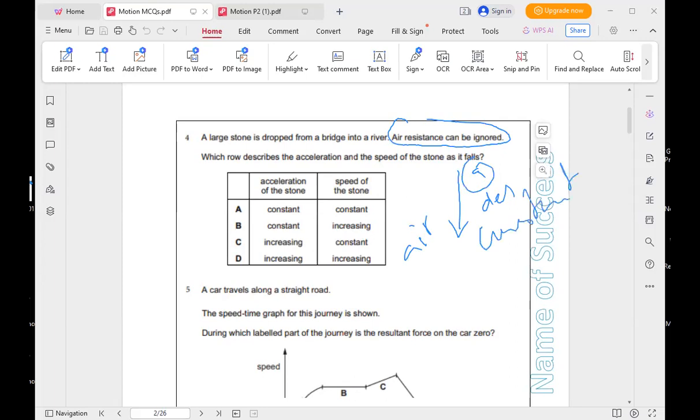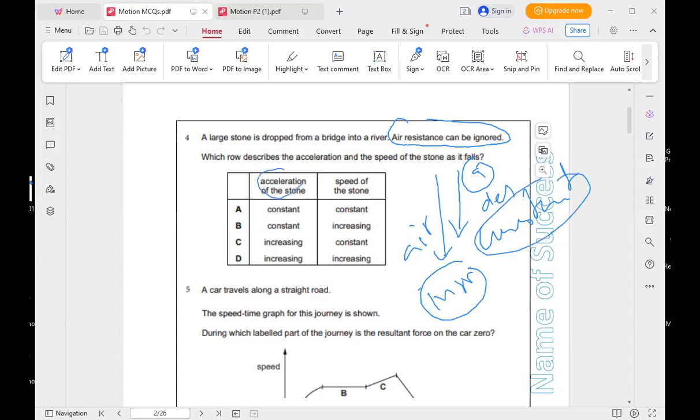Is the velocity also constant? No, it is increasing, because the acceleration is constant. If the velocity were constant, the acceleration would be zero. So velocity is increasing and the acceleration is constant.